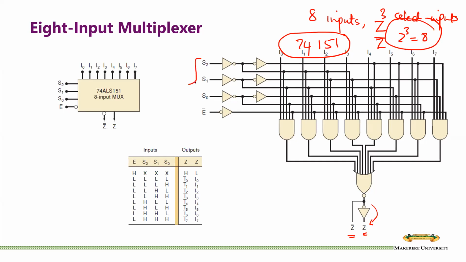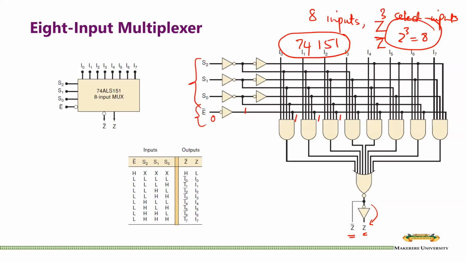And so we have our select inputs here. This one also has an enable input. Enable here is active low, so it is inverted to a 1, and that 1 goes into all of these AND gates. If you want to disable the whole thing, you make E a 1 so that it converts to a 0, and the 0 going into the AND gates would simply force everything to be 0.